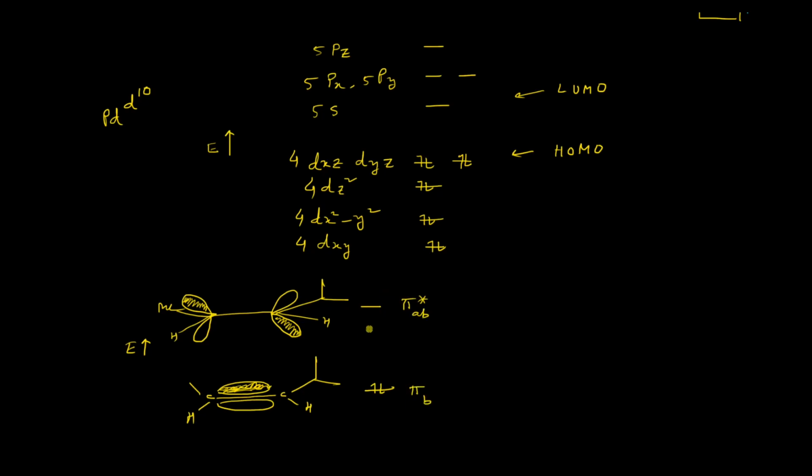So in this case, the HOMO will be the pi bonding orbital and the LUMO will be the pi star antibonding orbital.